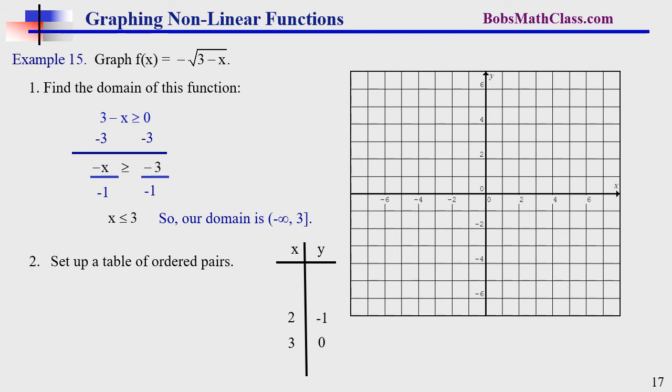All right, the next number we want to get is 2. Square root of what number is 2? Right, 4. So we want to get a 4 inside. 3 minus what number is 4? That would be a negative 1.